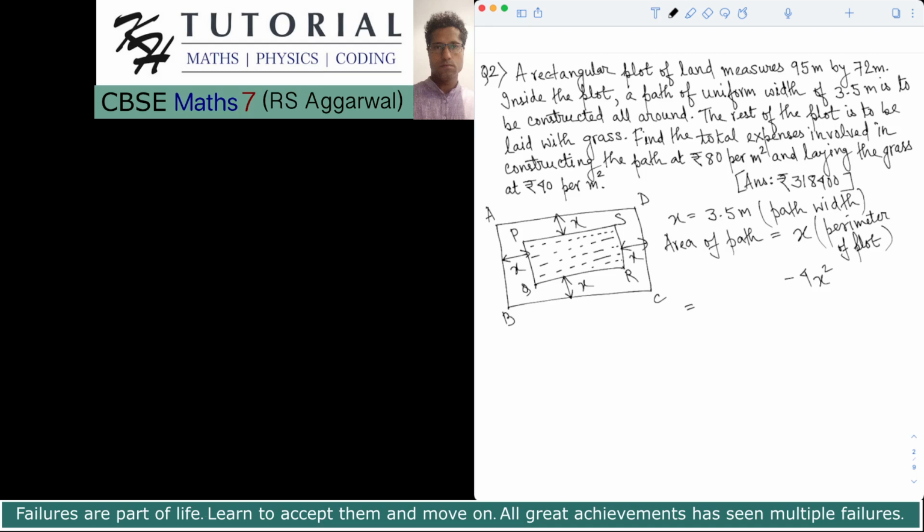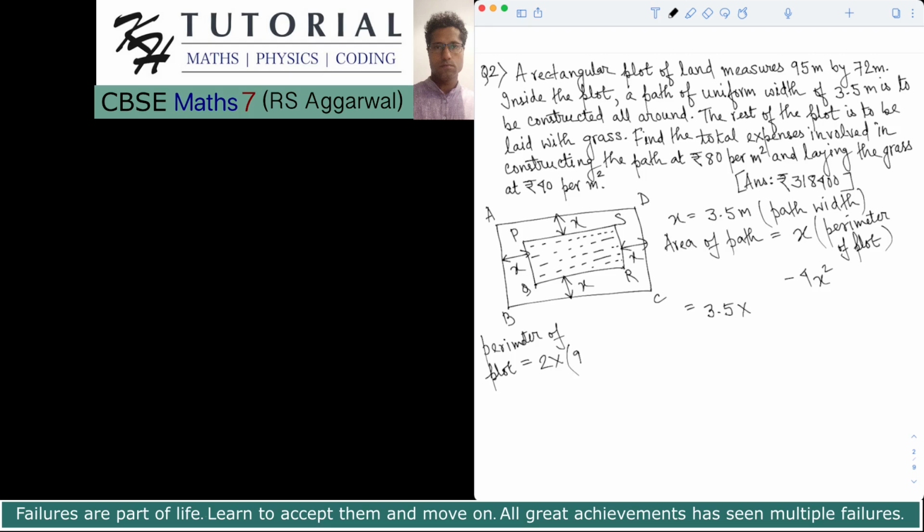So what is x? x is given to be 3.5 meter. So 3.5 meter multiplied by the perimeter of the plot. Perimeter of the plot is equal to 2 into length plus breadth.